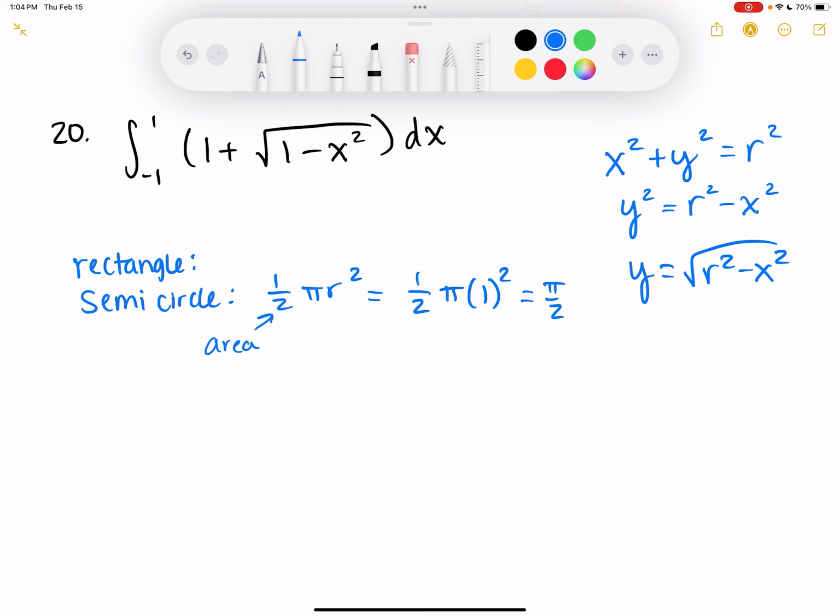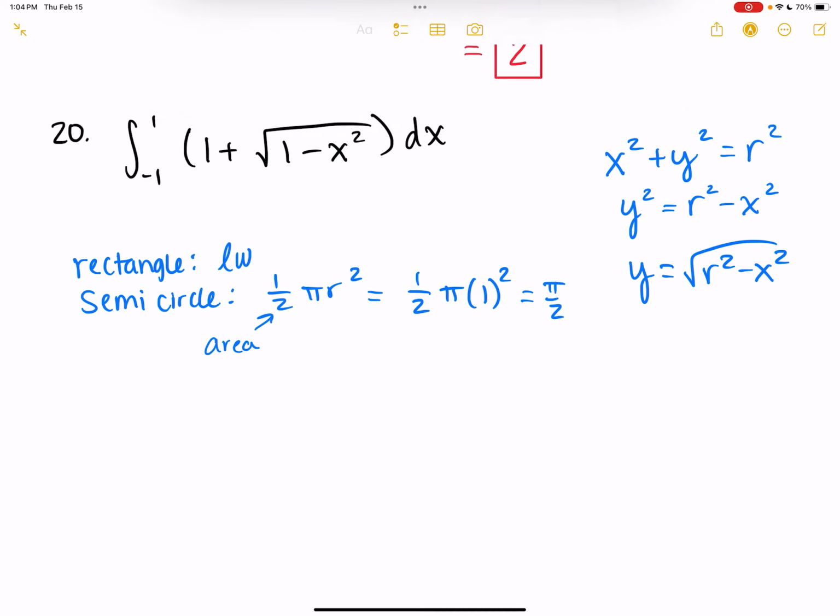Now, the rectangular part, in general, what is the area of a rectangle? Length times width. Now, obviously, I don't know exactly what I'm dealing with because my shape looks like that.